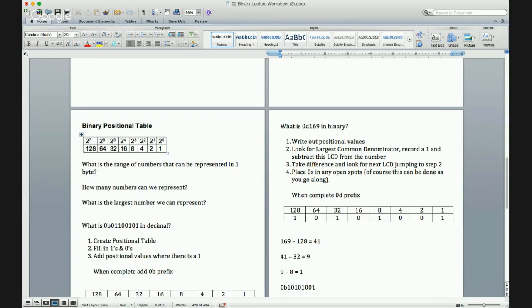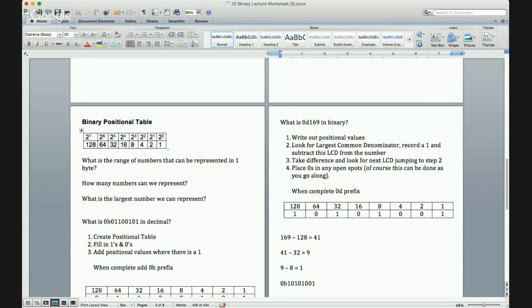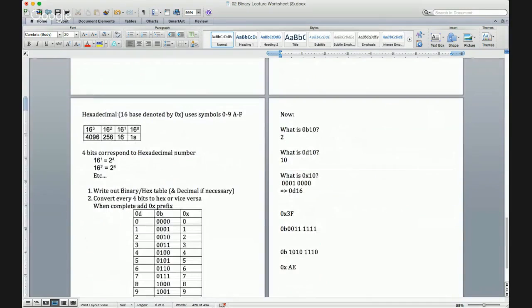If I have 1s at every place within this byte, 1 plus 2 plus 4 plus 8 plus 16 plus 32 plus 64 plus 128, we know the maximum value, 255. If I add 1 to 255, take a look at that hexadecimal positional chart, 256. So this works. Every 4 binary bits corresponds to 1 hexadecimal digit. I don't even have to think about the higher order stuff. I take a binary number, I cut it up into 4s, I convert it to hexadecimal, just using the 4 binary bits to 1 hexadecimal digit.